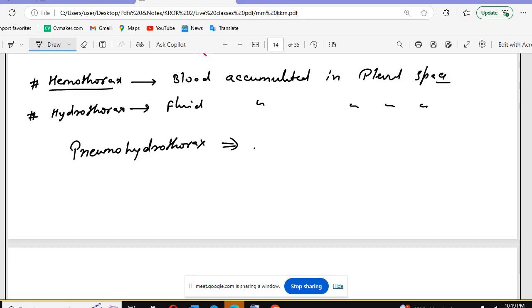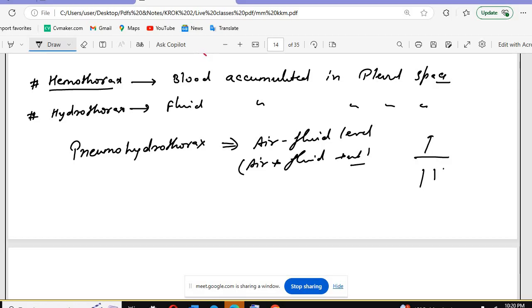So you will see here air fluid levels. Basically air plus fluid both will be present. Air due to gravity will come up, and the fluid due to gravity will settle down, so it will give the air fluid level. Okay? Is this clear?